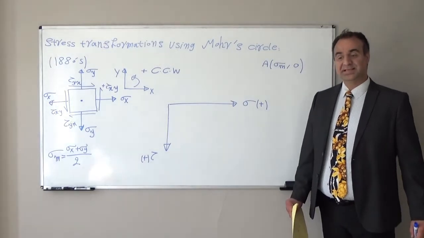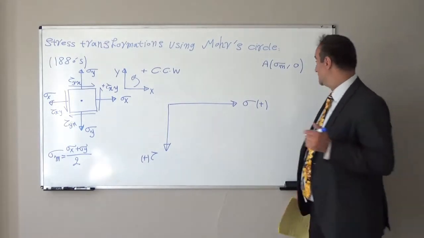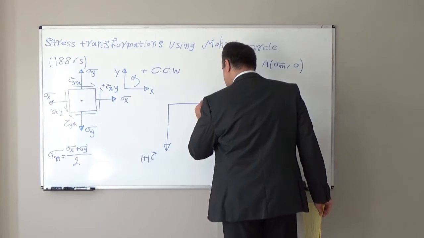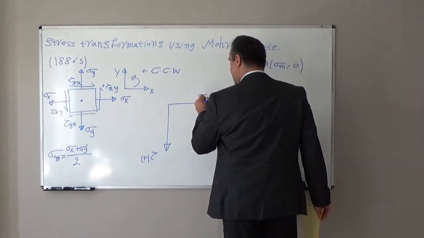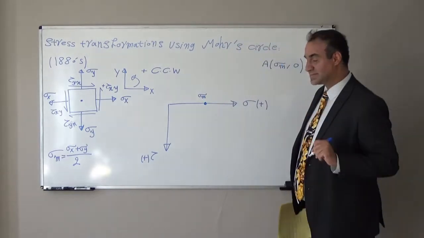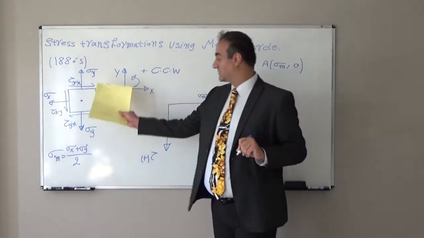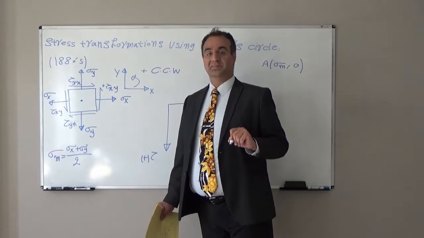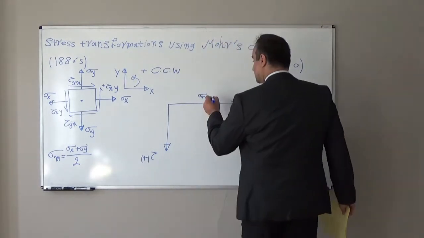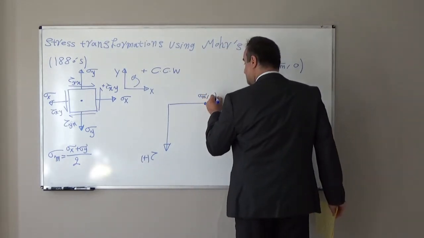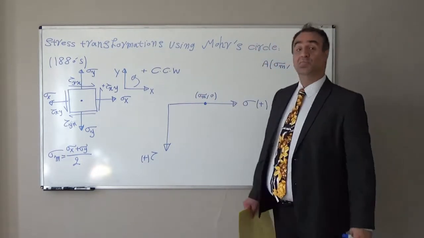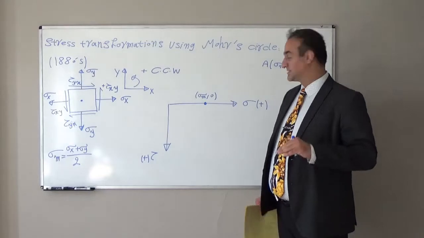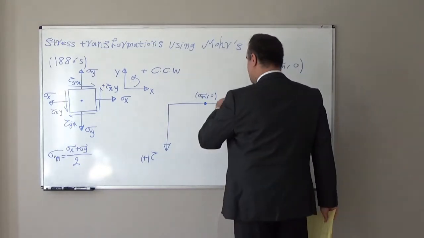It will represent the center of one circle. So assume it is here. This is sigma m, average normal stress. It means sigma x plus sigma y over 2, or mean stress, and 0. So always the center of the Mohr circle will lie on the sigma axis.